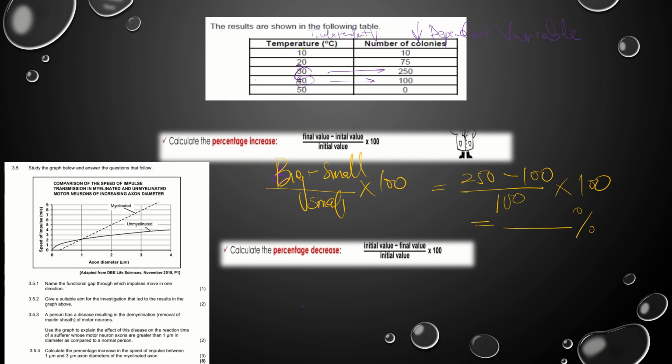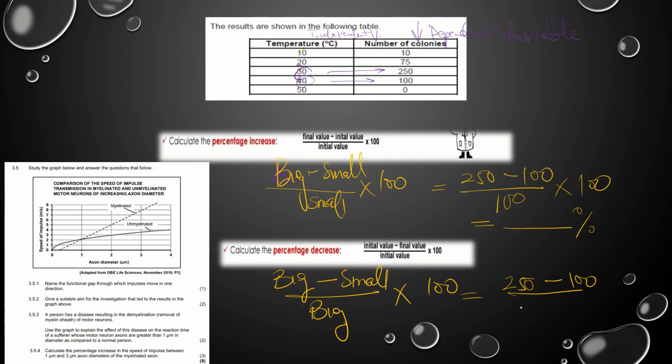And then let's take, for instance, the same question was asked, but in this one they say calculate the percentage decrease. You say big minus small, divide by big, because now we are calculating what? Percentage decrease. Then thus, you're going to say 250 still minus 100. So now what we change is the denominator.